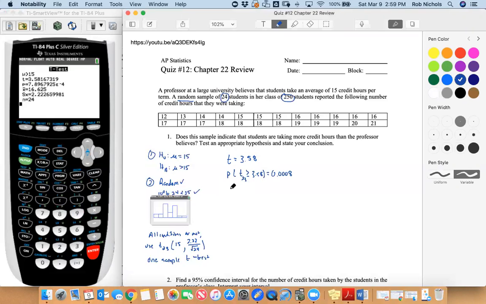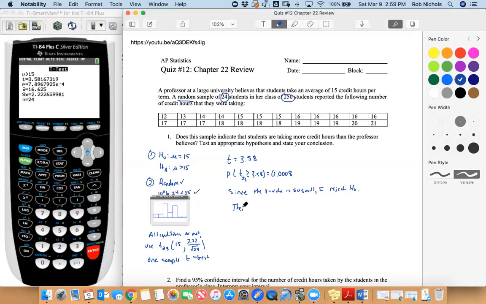Our conclusion is going to be: since the p-value is so small, I reject H naught.